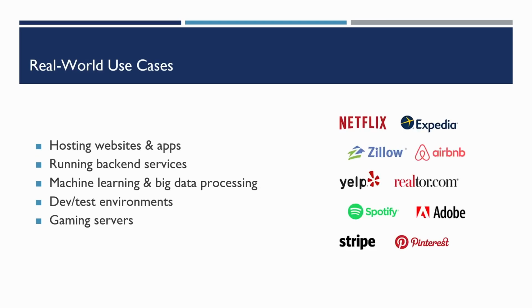Now, where can I use EC2? EC2 can be used for all different types of applications. If you want to host websites or your apps, your software, your backend services, or you want to do some big data processing, machine learning, or just test your app, you can do that.